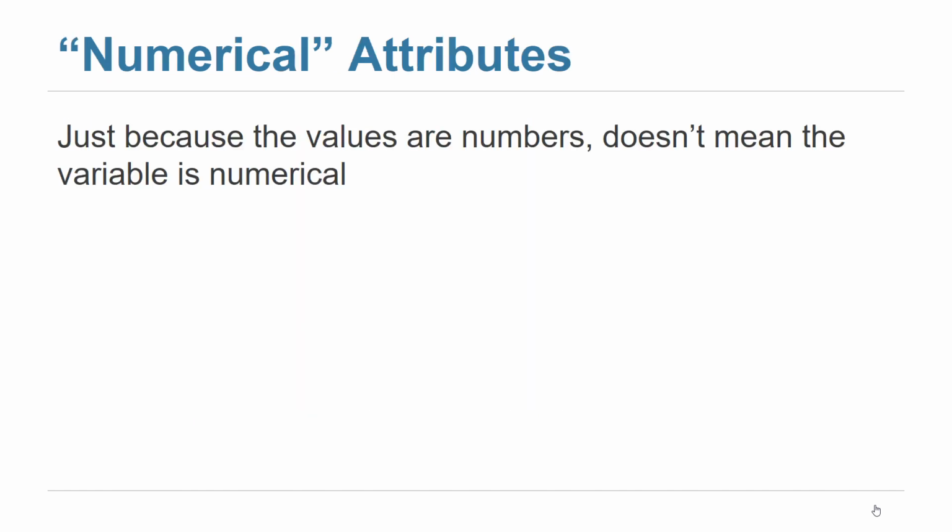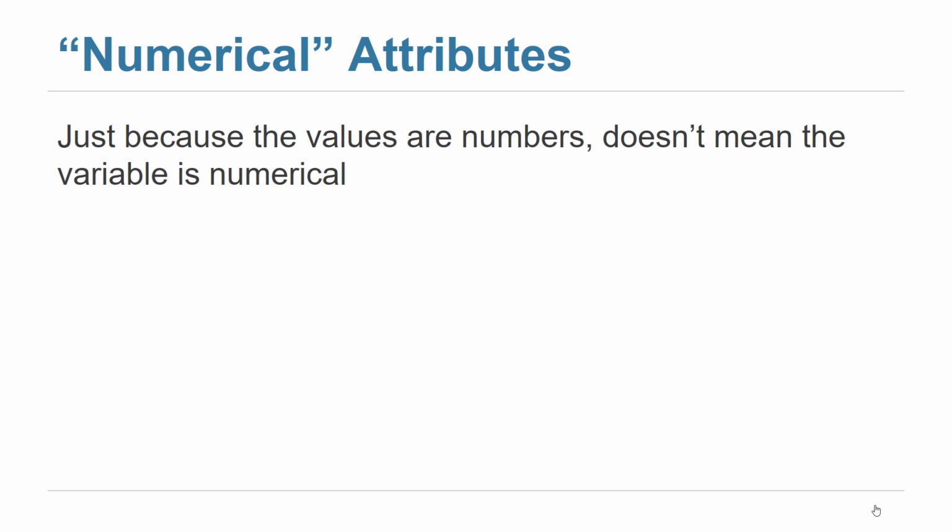Now we'll get into some detail about each attribute. We will focus this part of the session, the first part of the session, on numerical attributes. And then, inshallah, next time we'll talk more about categorical attributes. Numerical attributes are not called numeric just because the values are numeric.